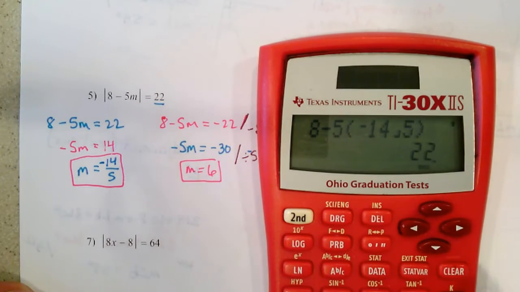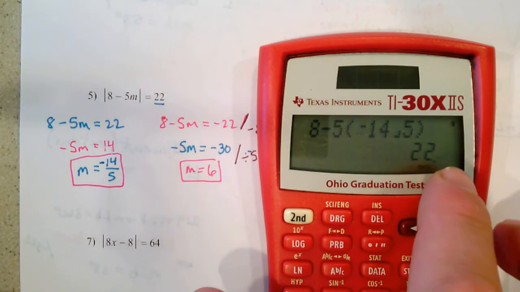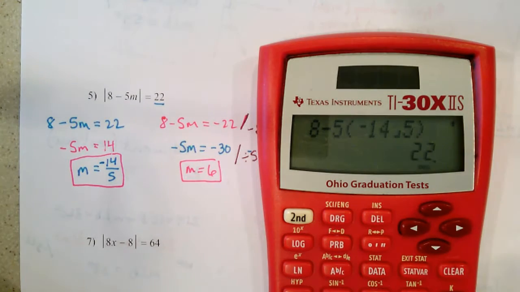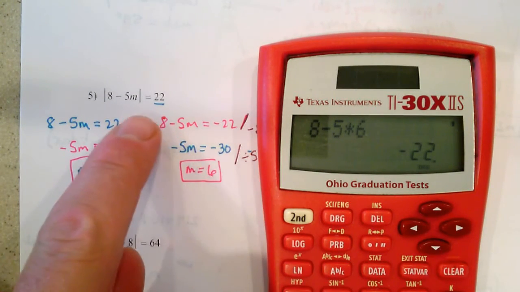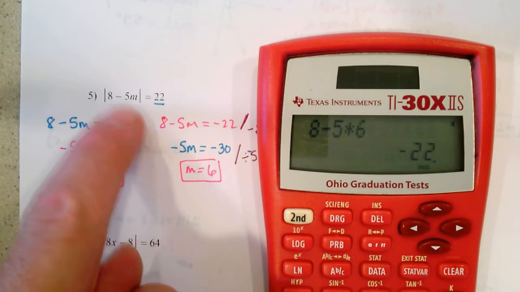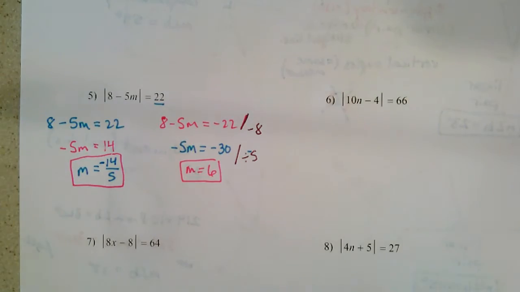Then over here, 8 minus 5 times 6 equals negative 22. So if m is 6, it works out to negative 22, and the absolute value of negative 22 is still 22, because negative 22 is 22 spaces away from 0 on the number line.